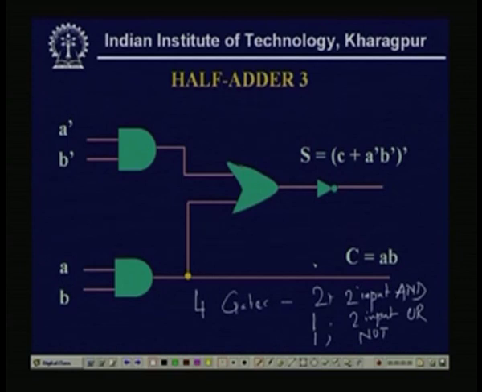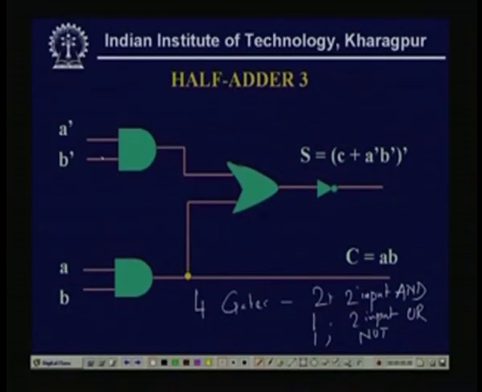Initially it was 17 inputs. In all the circuits we are assuming that the variables are available in both complemented and uncomplemented form. So, with this type of realization the number of gates is very much reduced, and these are only 4 basic gates.